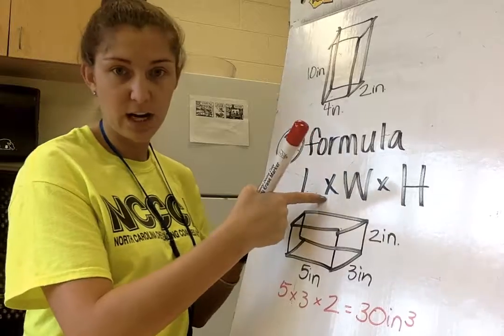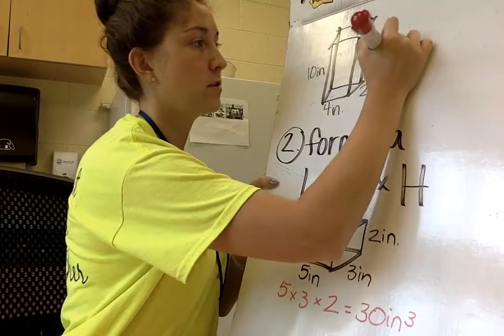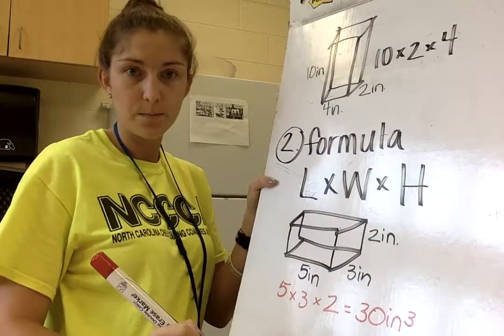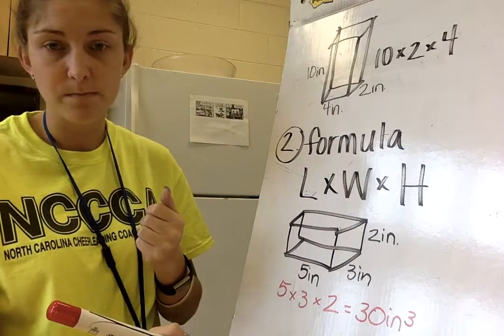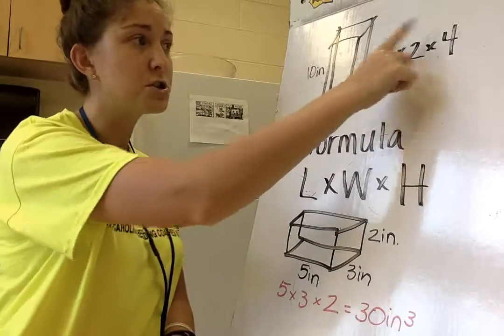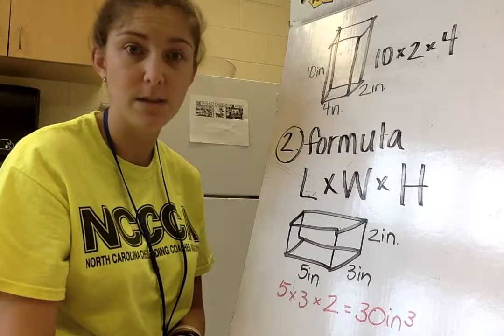So if I'm finding it using the formula, I know I'm going to have to do 10 times 2 times 4. And remember with multiplication, it is the commutative property, so I can switch around the order, and regardless it's going to be the same.